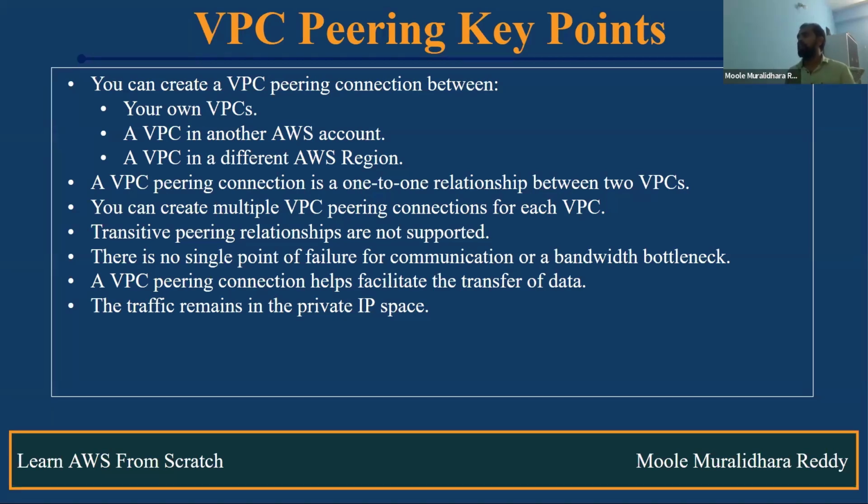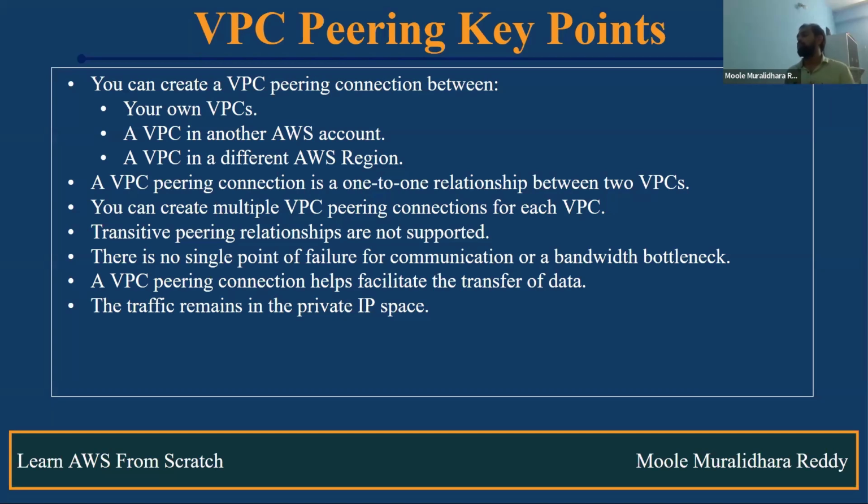Remember, guys, it should be two different VPC CIDR ranges so that you can set up the peering connection. It is a one-to-one peering only, and the data will not be transferred over the internet.